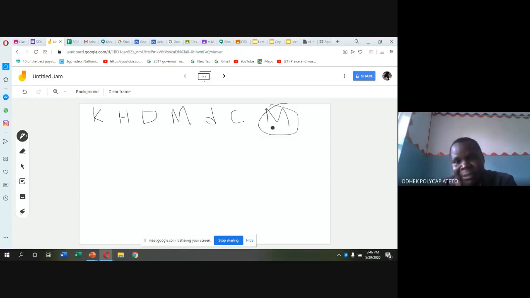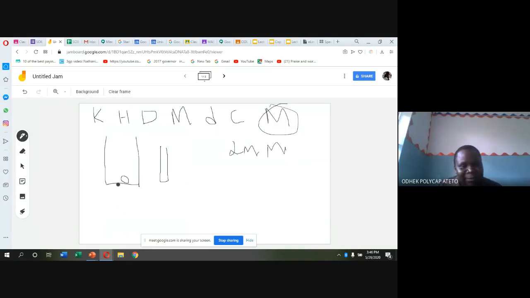So if I have the jar which is wide like this, what about if I have the jar which is narrow like this? So a day in which we only have 2 mm of water, this 2 mm of water, if I put it here, you see where it is?